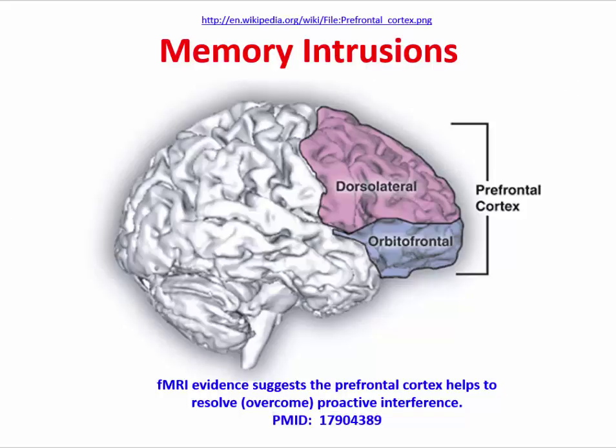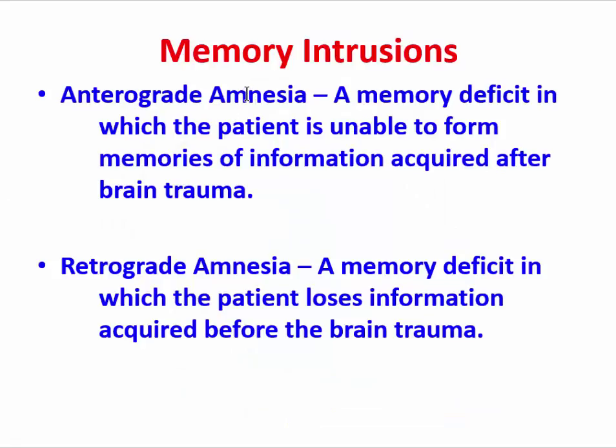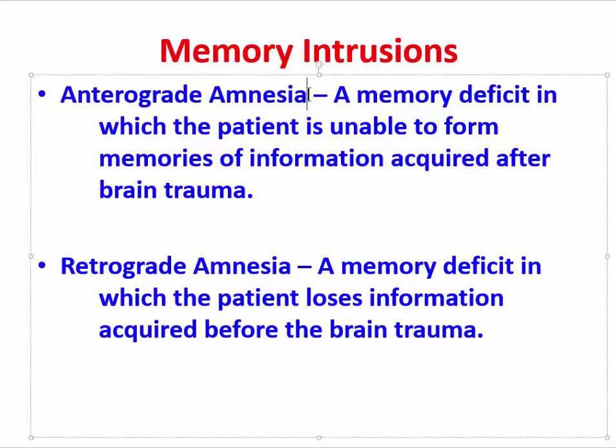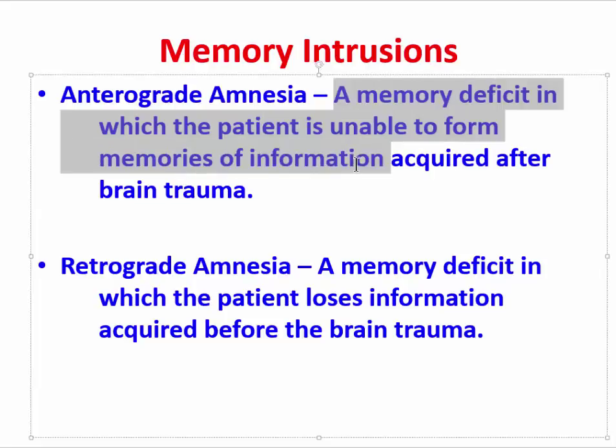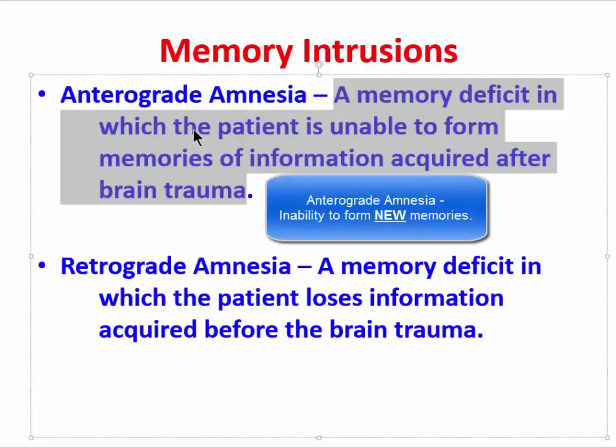One that many people know about is the phenomena of amnesia. What fewer people realize is that amnesia comes in two broad categories. There is anterograde amnesia, and this is a memory deficit in which the patient is unable to form memories of information acquired after brain trauma. So this is an inability to form new memories.